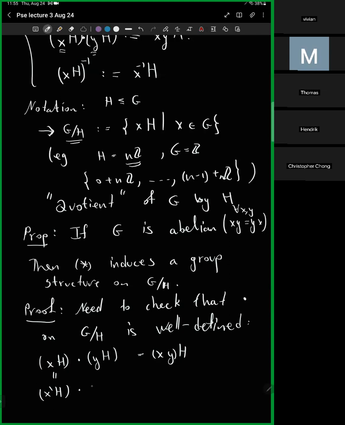And also, instead of y, I give you y'H. These two cosets, yH and y'H, are equal, but y and y' are not necessarily equal.